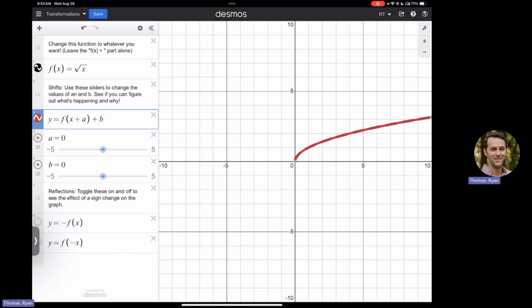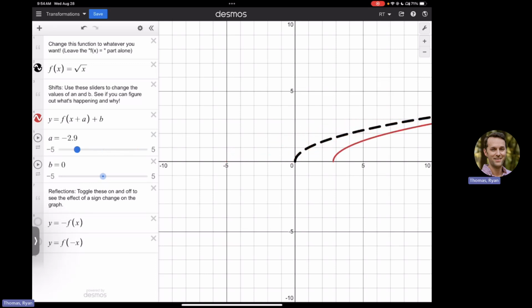The graph in red is this new, changed or transformed graph. What I'm going to do is change the value of a, right? It's 0 right now, so we're not adding anything. B is not in the picture yet. If I make a some positive value, so this is like the square root of x plus 5 underneath, you can see what the graph does.